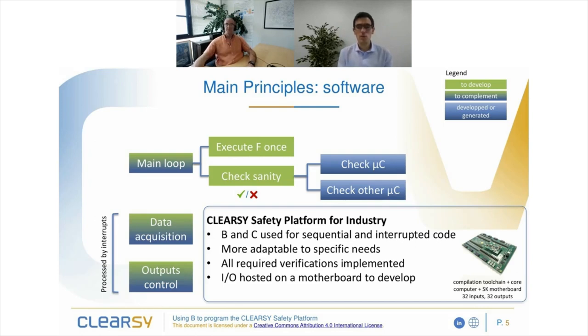And you have also full freedom in terms of design of the data acquisition and output controls. So basically, it's more adaptable to your own specific needs, but it also requires more work. Everything is implemented, so it's safety ready, and you have to design a motherboard in which the computing board will be plugged.